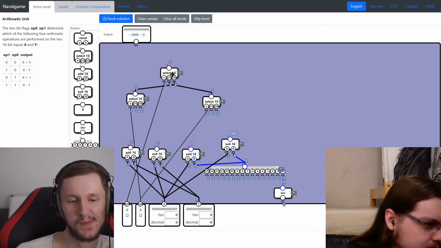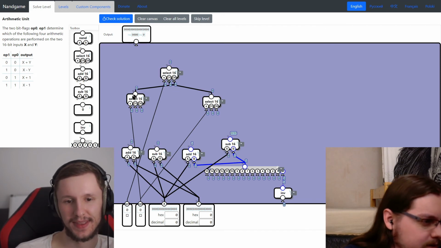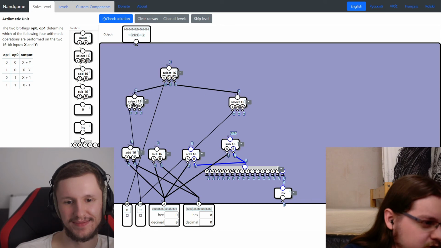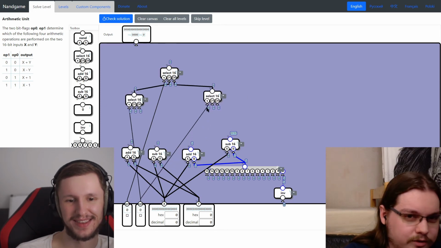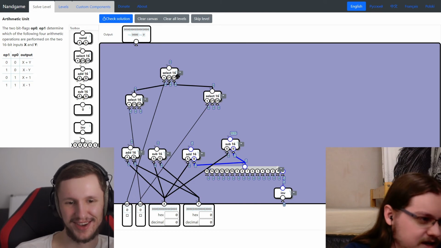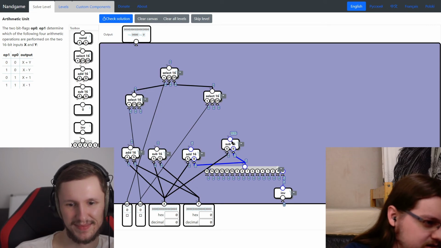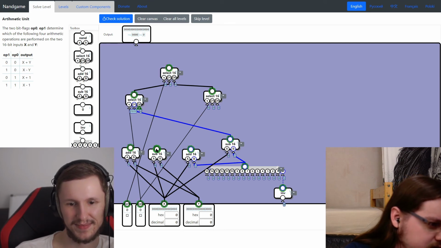I'm going to do it the way it's most intuitive for me. I always put 1 on the left and 0 on the right, because that's how it works. So, okay. 1 is x minus 1, which is this. 1, 0 is x minus y, which is this.